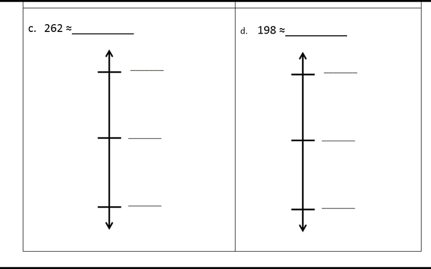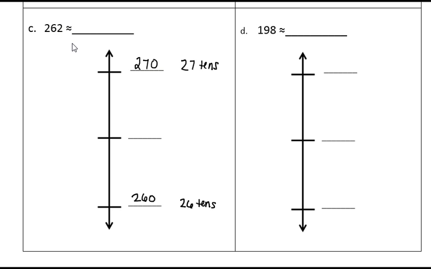Now I have 262. I'm still rounding it to the nearest 10. Well, 262 means that I have 26 tens, or 260. The next group of tens would be 27 tens, or 270.